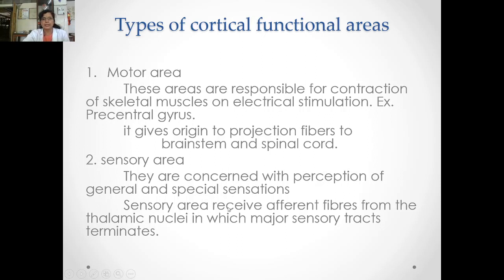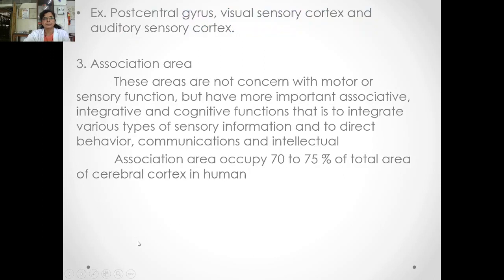These sensory areas receive afferent fibers from the thalamic nuclei in which major sensory tracts terminate, like the medial lemniscus, spinal lemniscus, optic tract and auditory pathway. These thalamic nuclei project to the sensory areas of the cerebral cortex, and there is perception of that sensation at the conscious level.